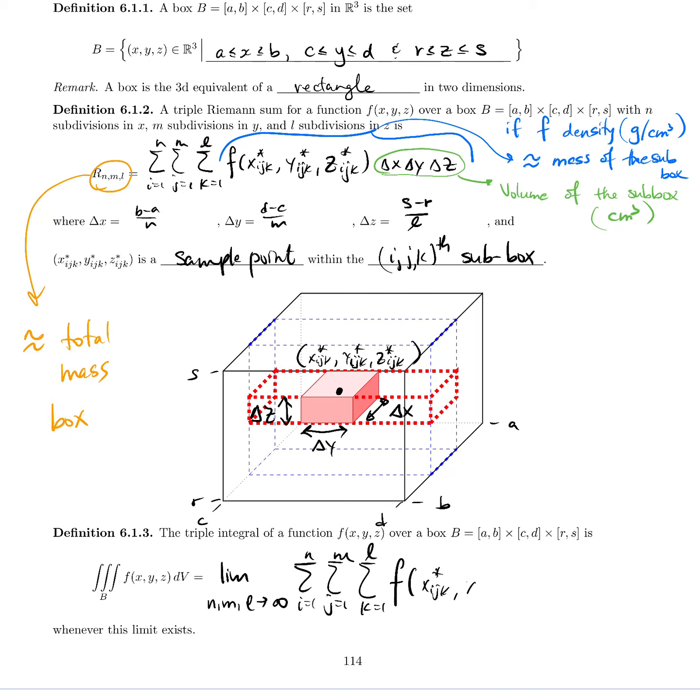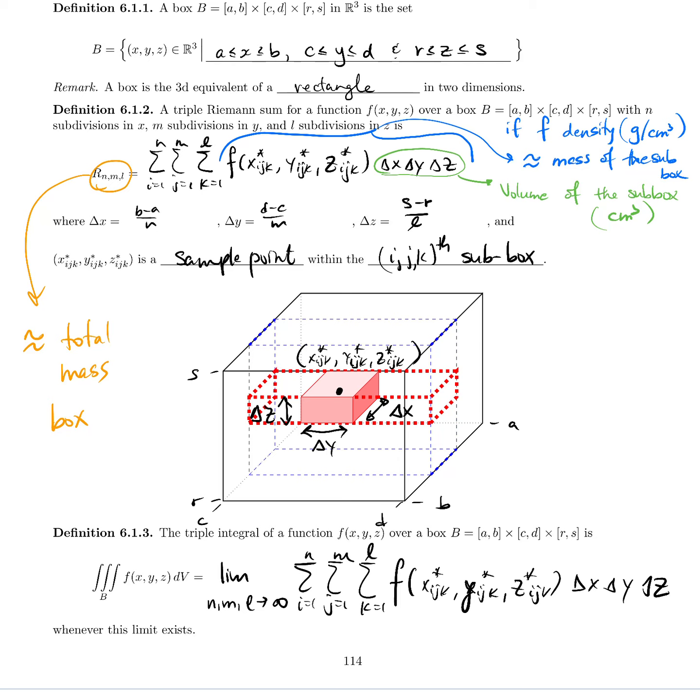It takes longer to write this than it does to understand what's going on. And of course there is the qualifier that this definition is valid whenever this limit exists.